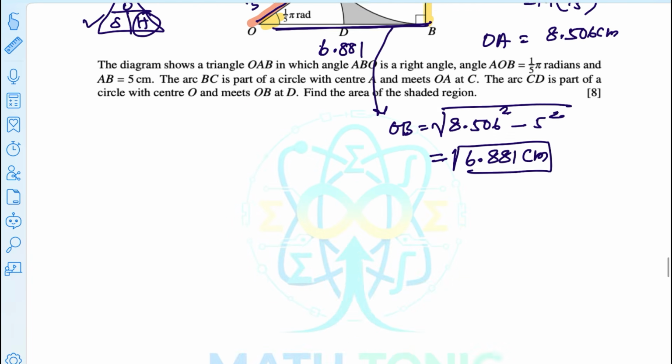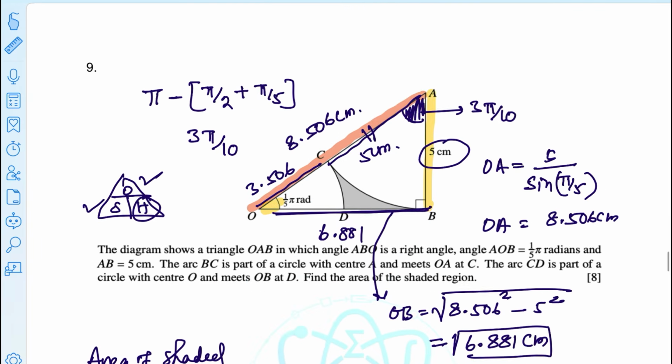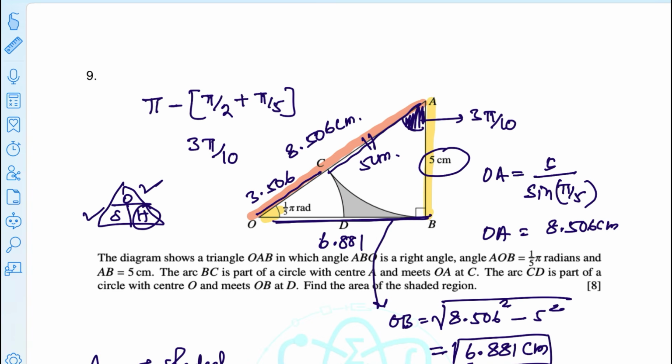Okay, then how to find the area of the shaded? So let me write down here. Area of the shaded equals, first of all, area of the bigger triangle we are talking about. I'm trying to tell you again, find out the area of this full triangle, minus, you have to remove the area of the sector, the part which is left, we are trying to find out.